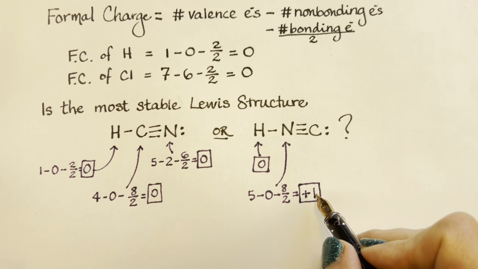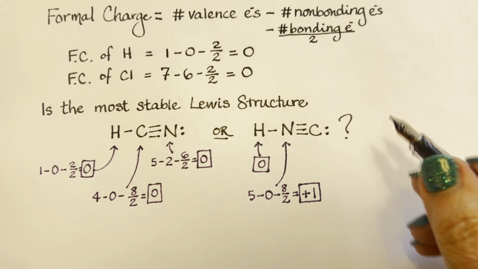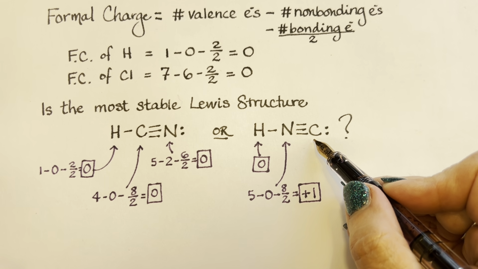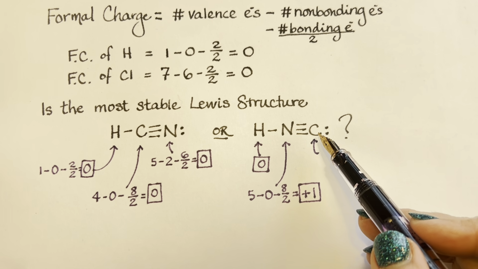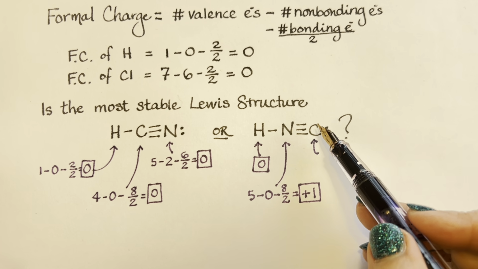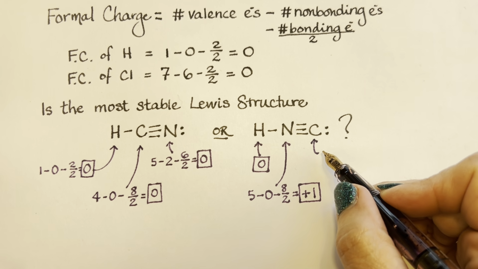We're finally seeing something different than 0, right? Now let's look at this carbon. This carbon has 4 valence electrons.